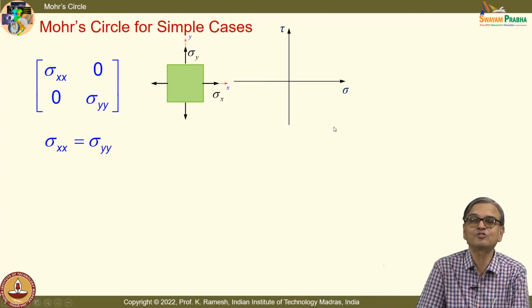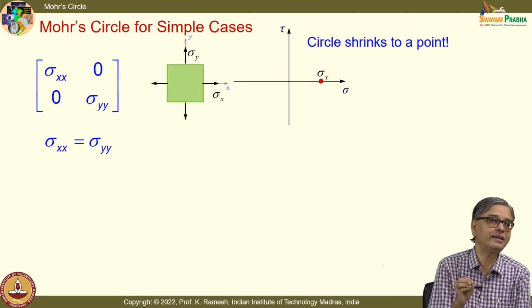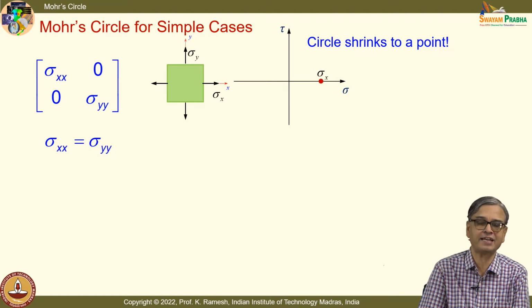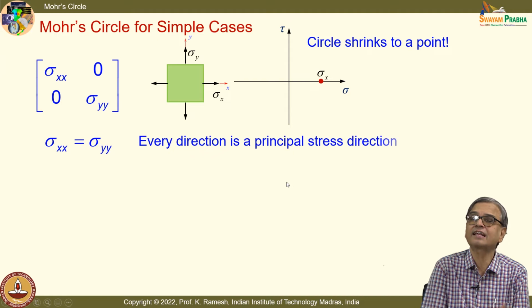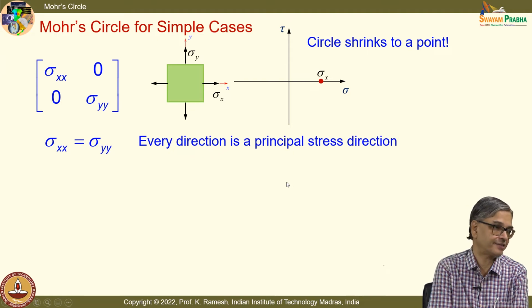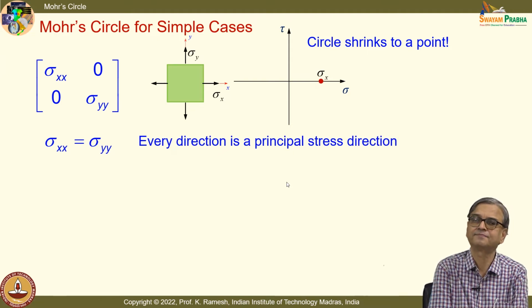When these two magnitudes are equal, I simply get a point. The circle shrinks to a point, and this is also a very special case. In this, every direction is a principal stress direction. It's a very special case.